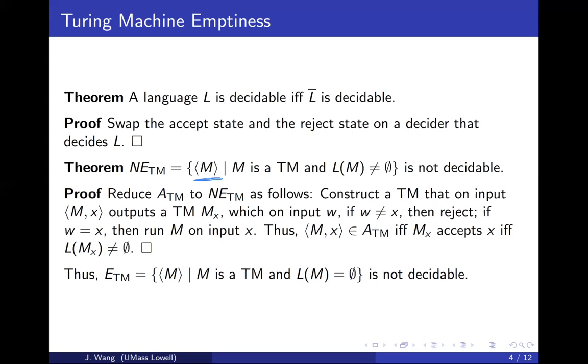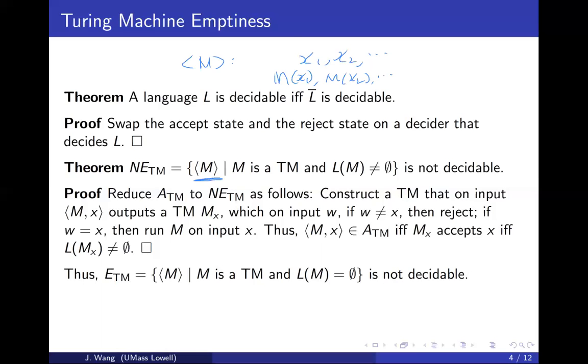The intuition is like this. For any M, I enumerate inputs using lexicographical order, and then run M on x1, M on x2, and so on concurrently.